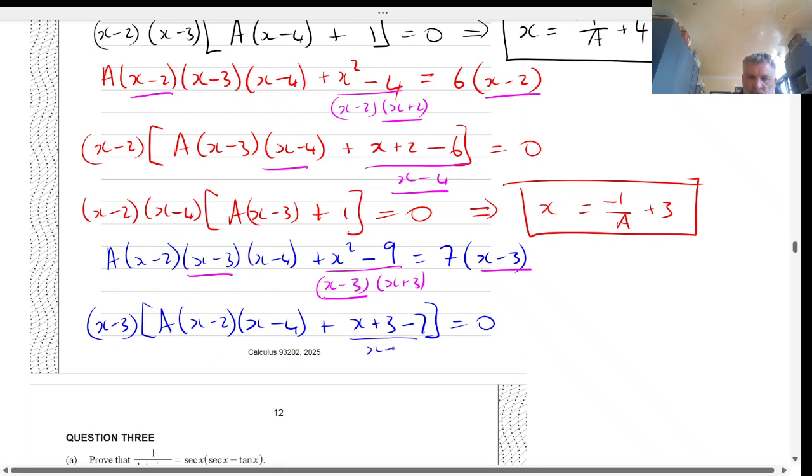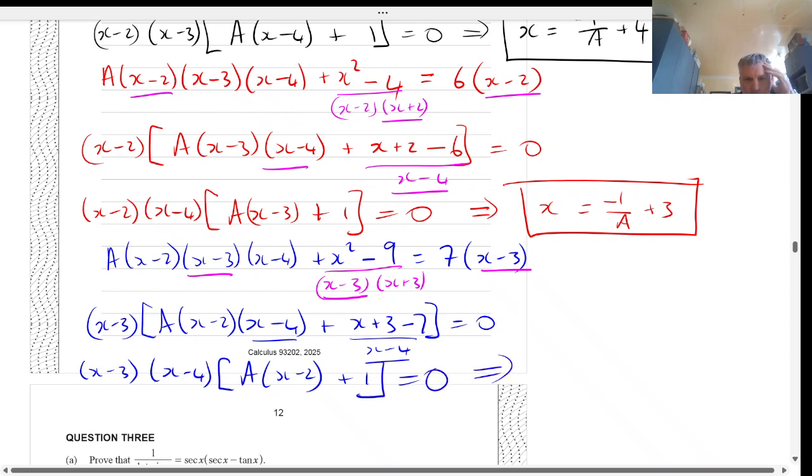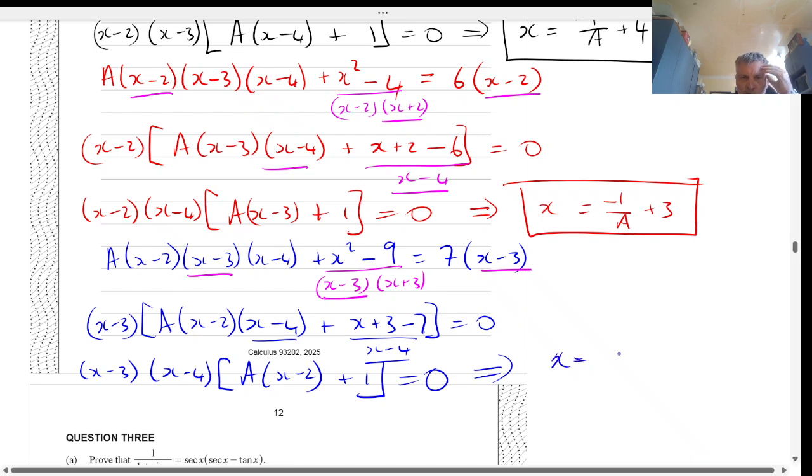This is x − 4, so we can take that common factor out. So we get (x − 3)(x − 4)(a(x − 2) + 1) equal to 0. So this is the one we're interested in. 3 and 4 are the x coordinates of points B and C. So we get x is equal to minus 1 over a plus 2.